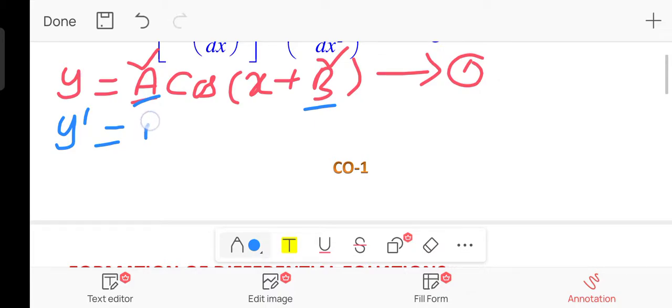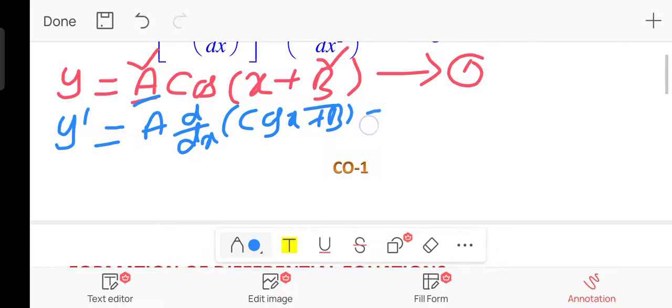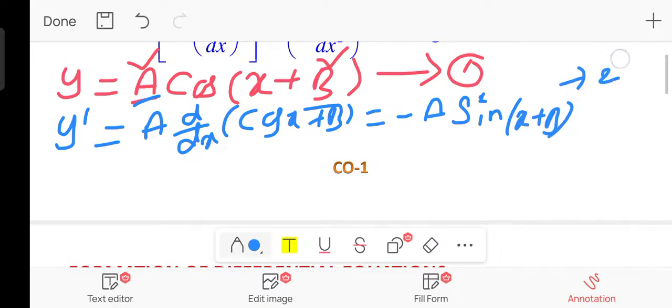A is a constant, so we take a out, into d by dx of cos of x plus b. Already you know the differentiation of cos, minus sign. So minus a sin of x plus b. Take it as equation number 2.